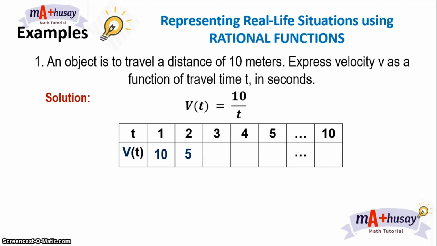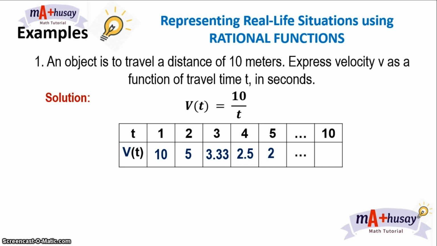Right? So, in 3 seconds naman, if t is 3, so the velocity should be 3.33. If we want to know the velocity in 4 seconds, so it should be 2.5. That's because 10 divided by 4 is 2.5. Now, in 5 seconds, ang velocity niya ay 2.